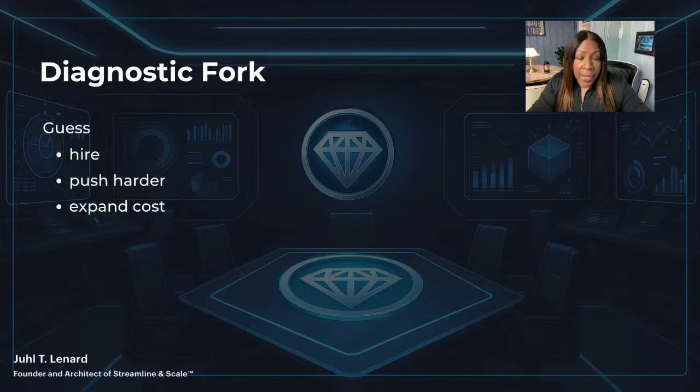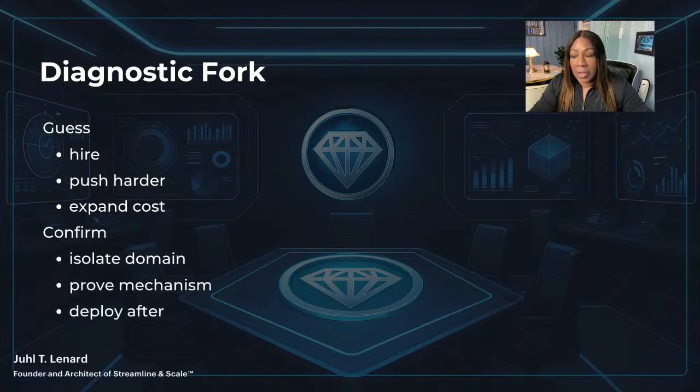You can guess and hire, push harder, and expand your cost structure. The other thing you could do, though, is confirm by isolating the domain, identify the pattern, prove the mechanism, see what's happening within the business, and then deploy, okay?